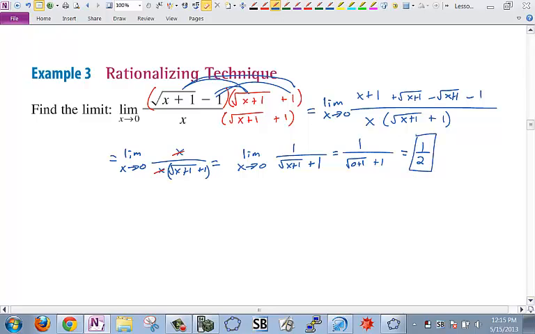How did you cancel the minus 1? Oh, no. That's not called canceling.